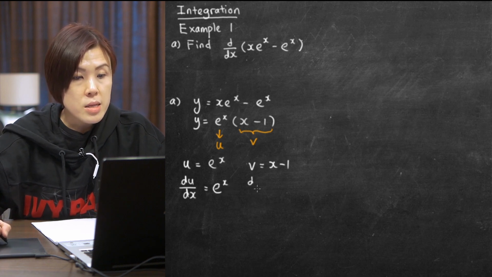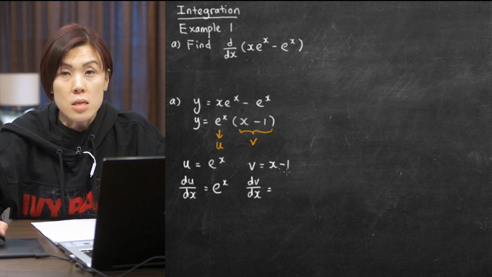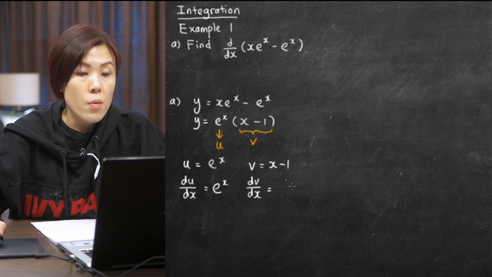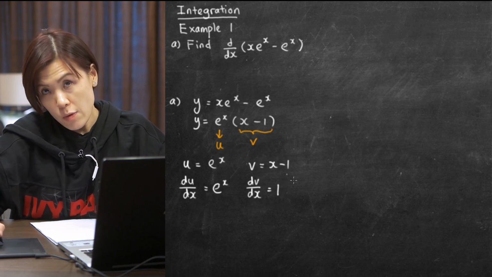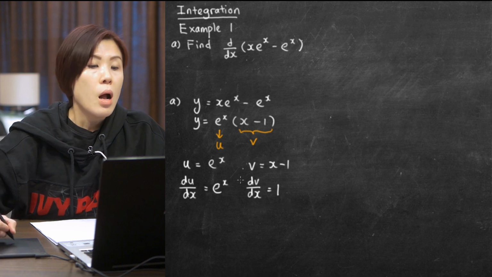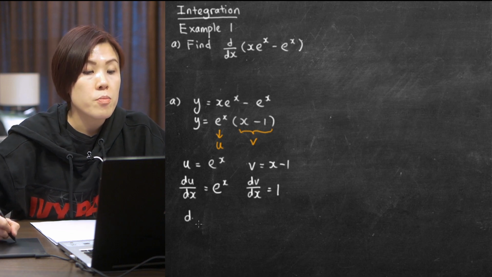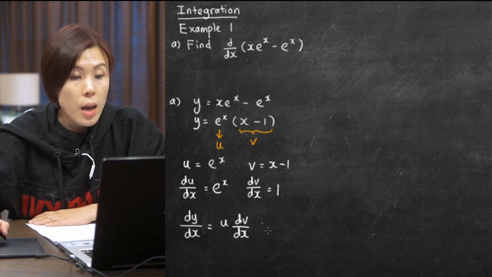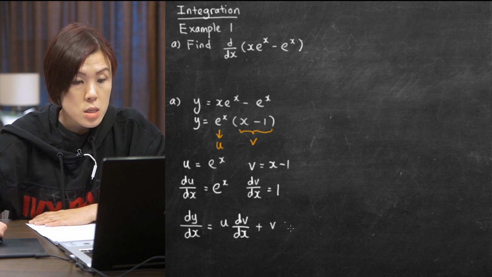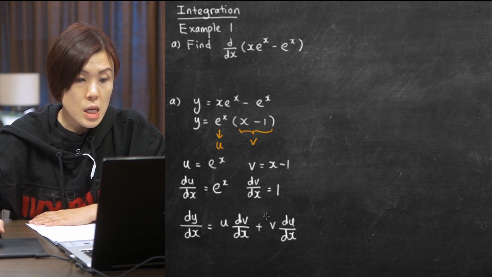And then dv by dx: when we differentiate x, a term in x, we copy the coefficient, which is 1. And when you differentiate -1, a constant, it gives us 0. And the formula for the product rule is dy by dx equals u dv by dx plus v du by dx. After that, we just put everything in.